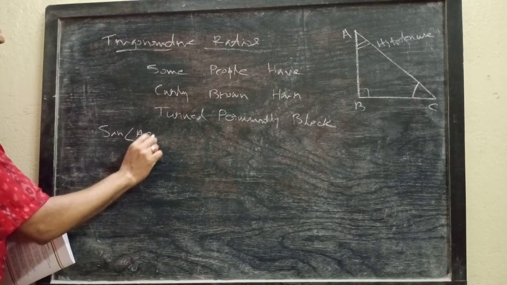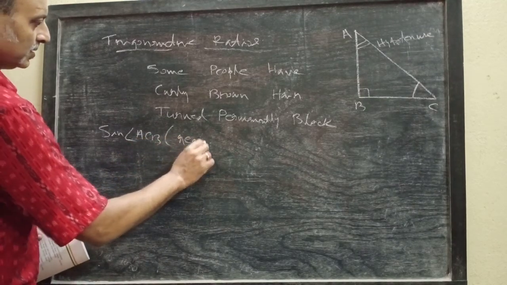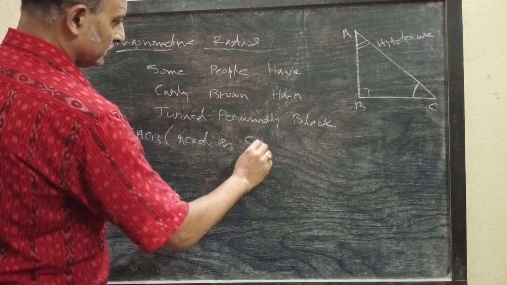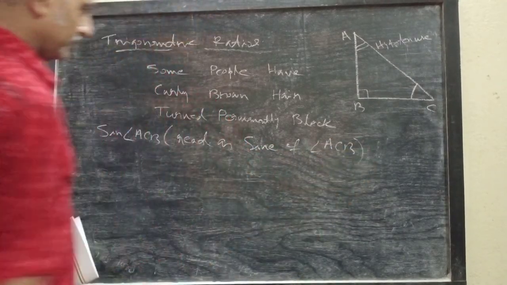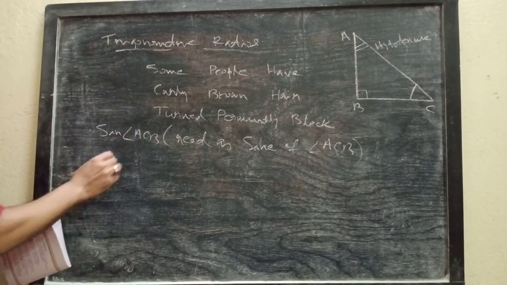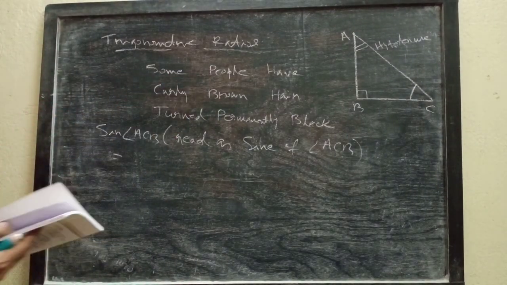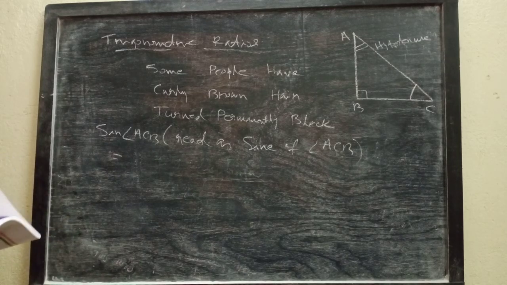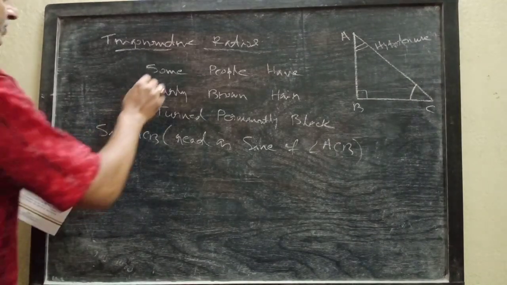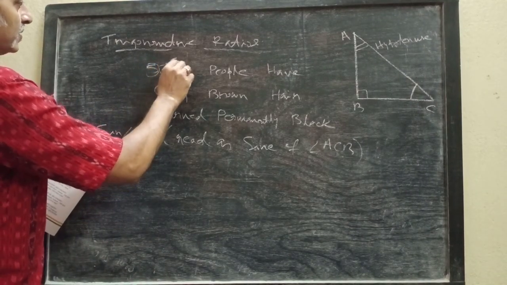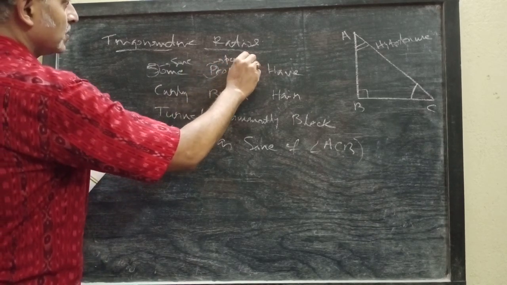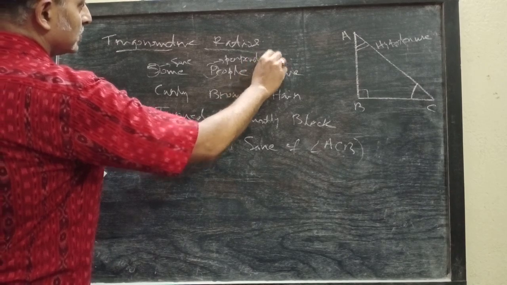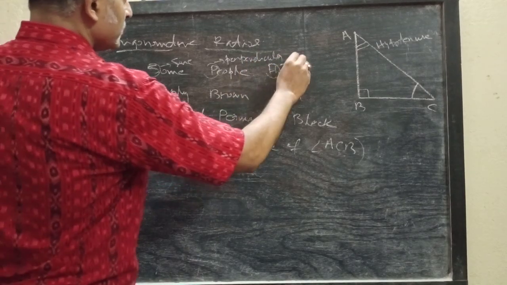Sine ACB, read as sine of angle ACB, will be equal to, look at the first line, Some people have. Here S stands for sine, P stands for perpendicular, and H stands for hypotenuse.